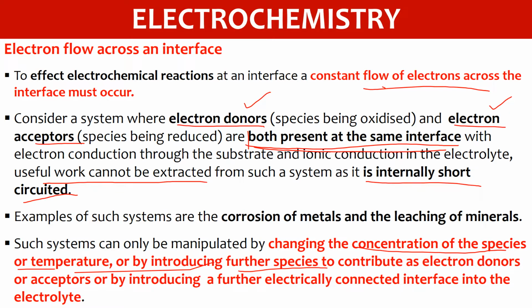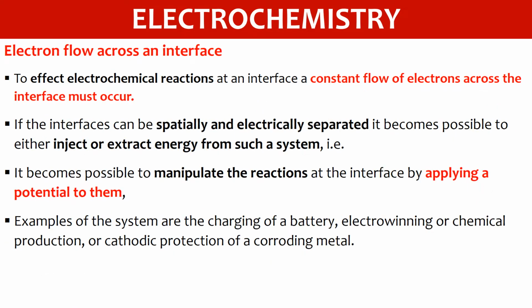This all affects or manipulates the way electrochemical reactions will proceed. However, if the interfaces are spatially and electrically connected, it becomes possible to extract some energy from such a system.